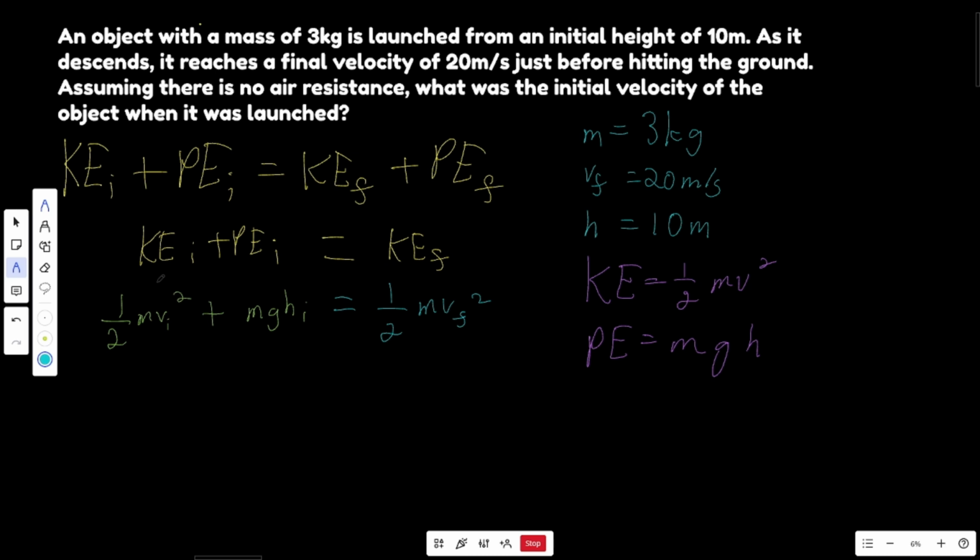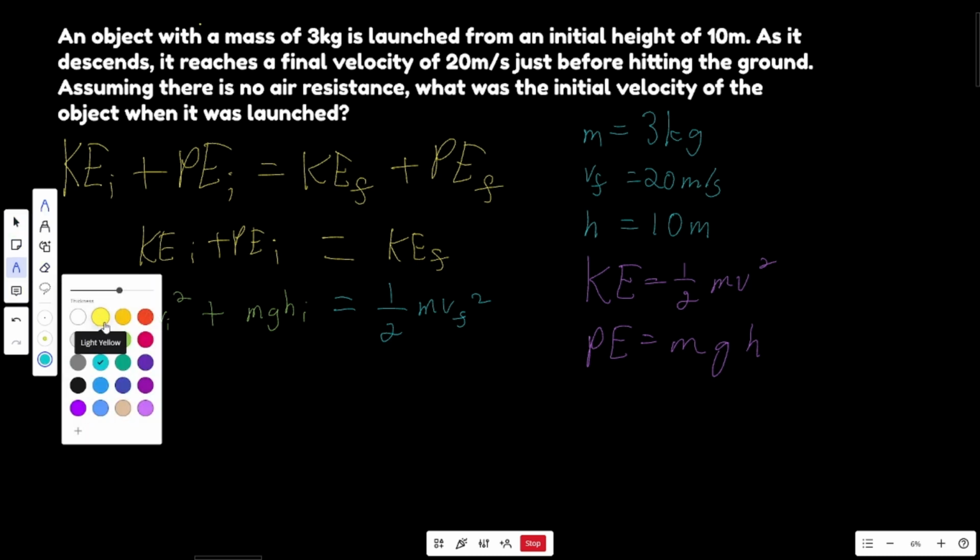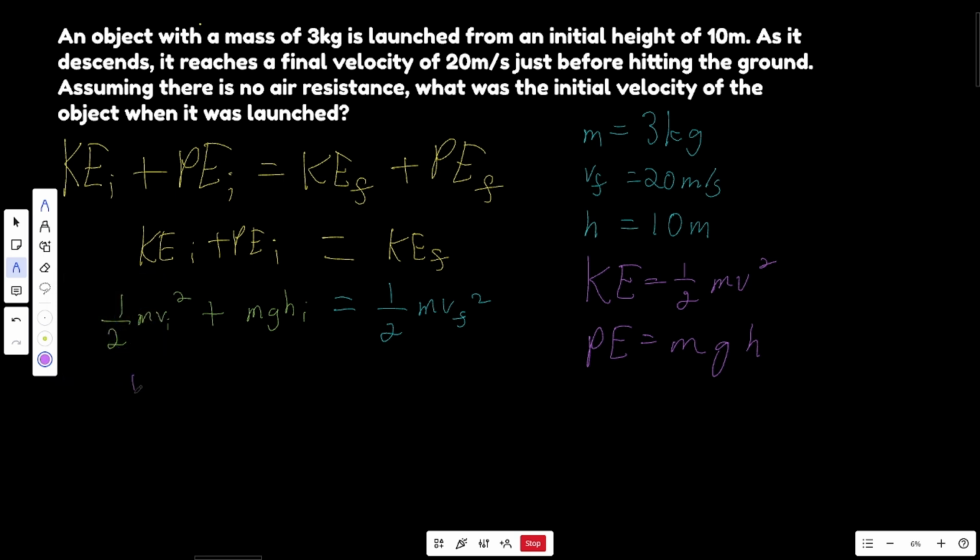We have the values of mass, we have the value of gravity, we have the value of height, and we have the value for final velocity. So let's start plugging in our values. So let's just use purple pen. 1/2 times 3 kilograms times vi squared plus 3 kilos times 9.81 times 10, this should be negative by the way, is equal to, hold on, we're running out of space.